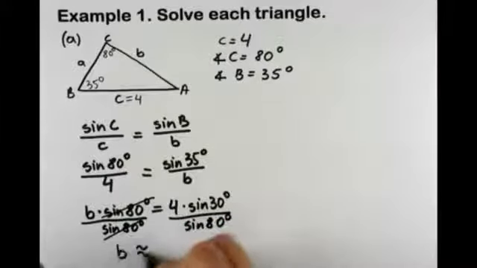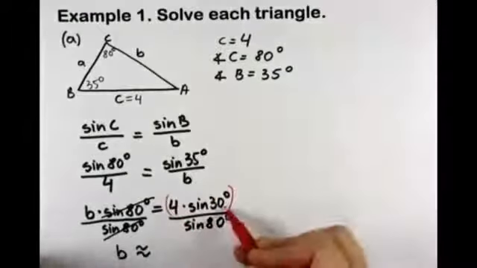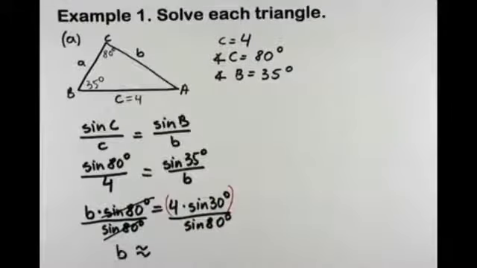B is approximately equal to, if you punch this in the calculator, make sure you are in degree mode and put this in brackets and divide by this: 4 times sine 35 degrees divided by sine 80 degrees.